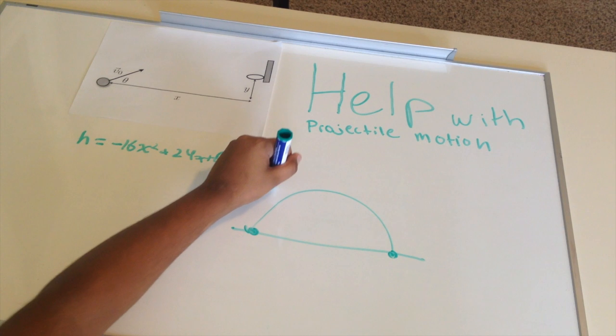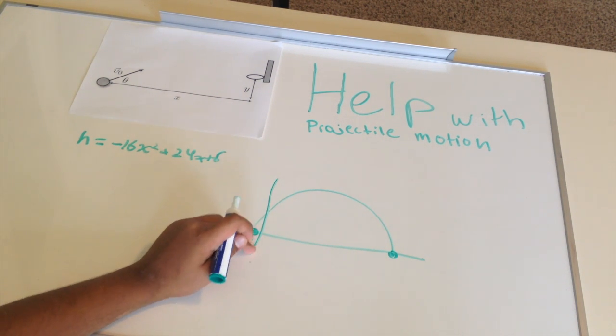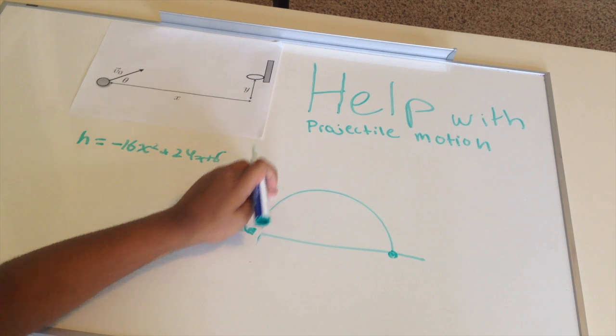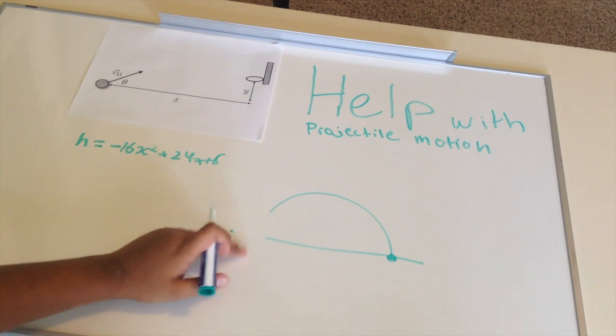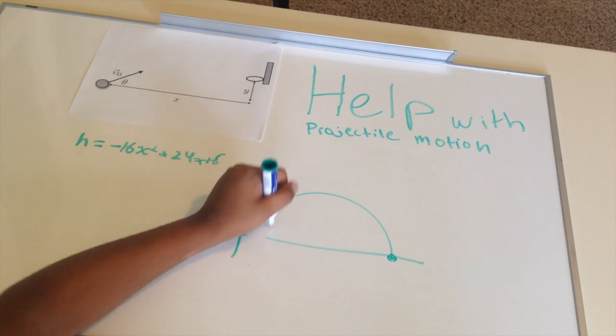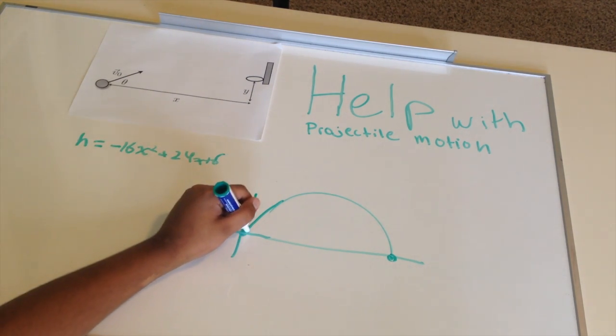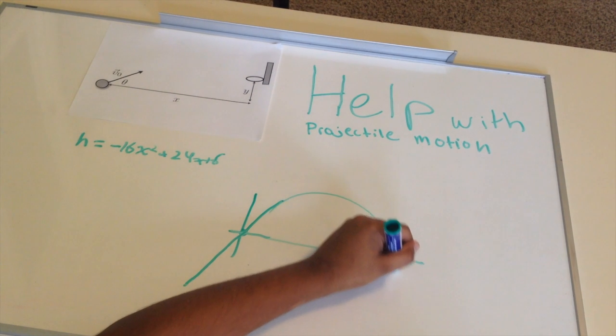So, say the y-axis is right here, and this is one of the zeros, and it goes like that, okay? So that's just an example parabola. The parabola will keep on going.